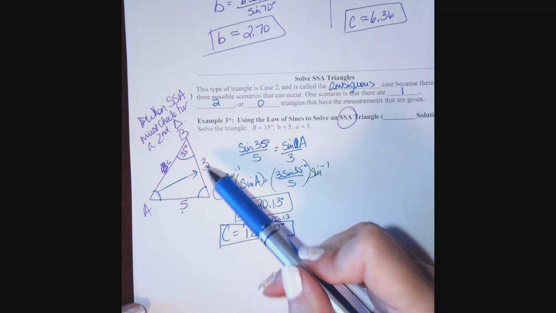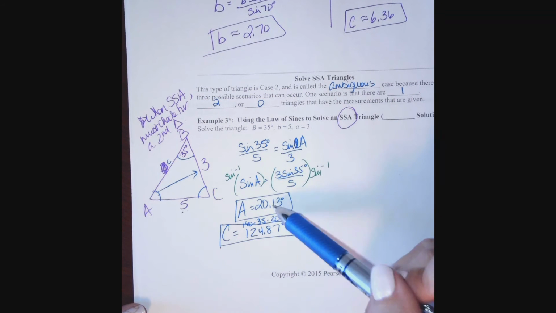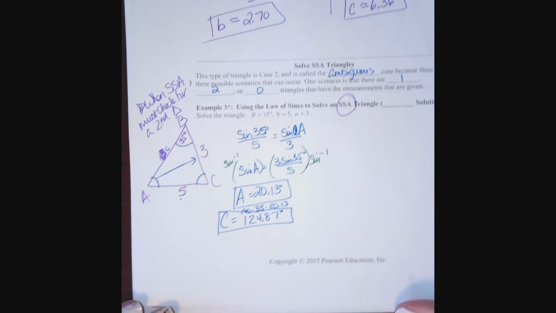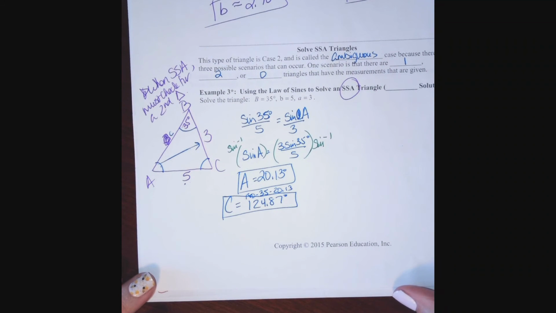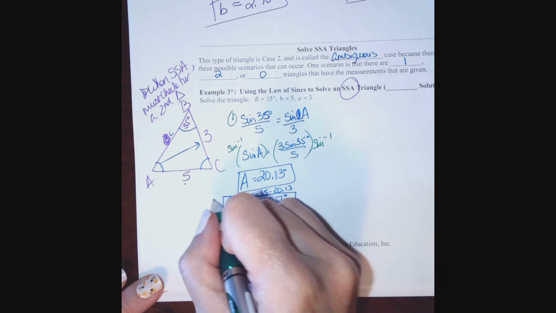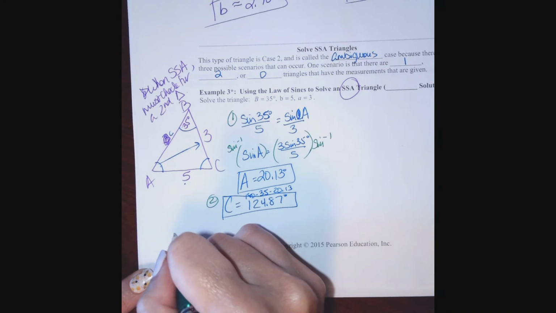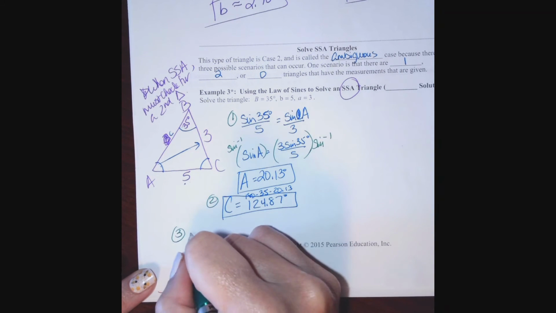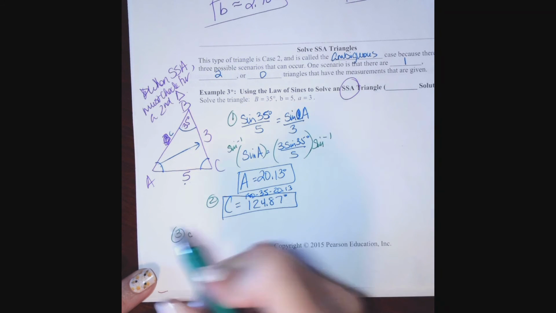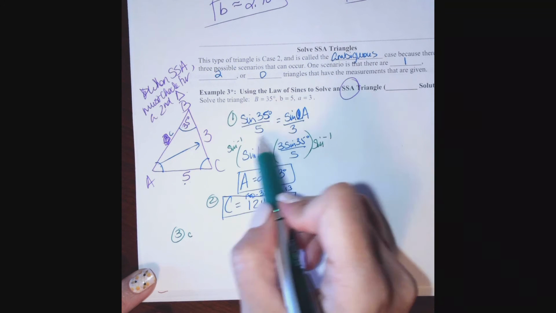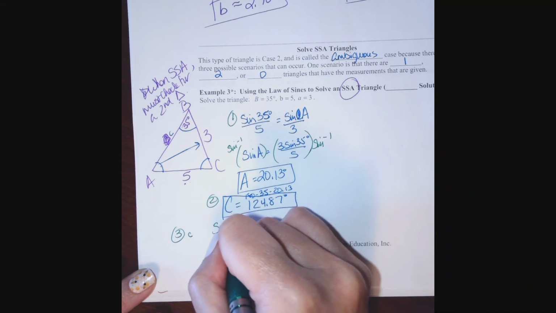So we have 3 angles known, and 2 sides. We need to solve for our third side, side C. We found angle A, we found angle C, now we need to find side C. So we go back to our known pair for our law of sines.